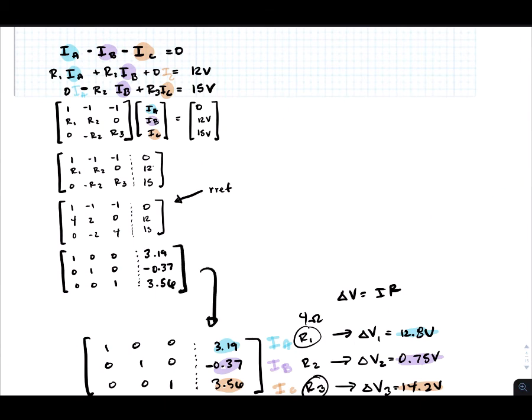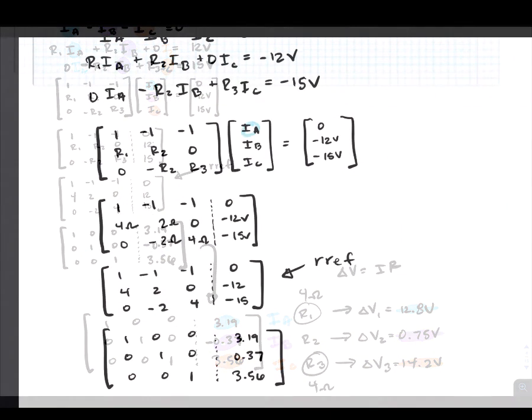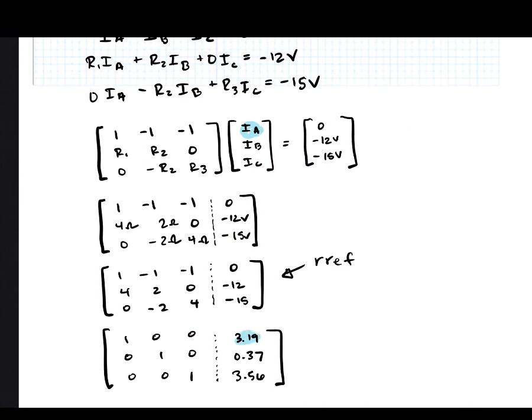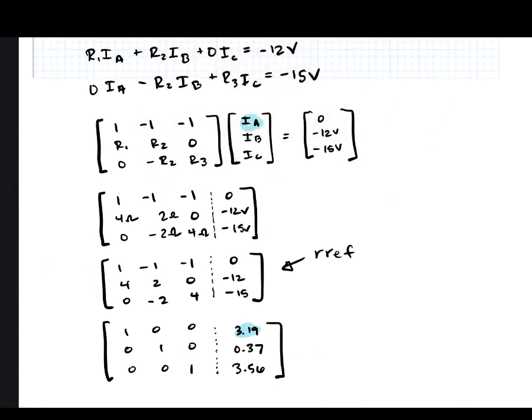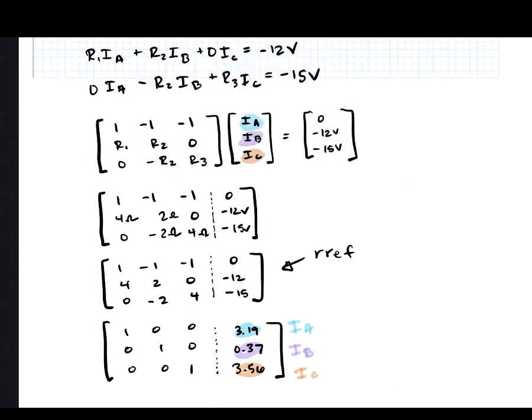Now you'll notice this looks just like this: IA, IC, and this is going to be your IB. Alright, and this is much easier than going through and doing all of this math by hand or trying to do a bunch of terrible algebra.